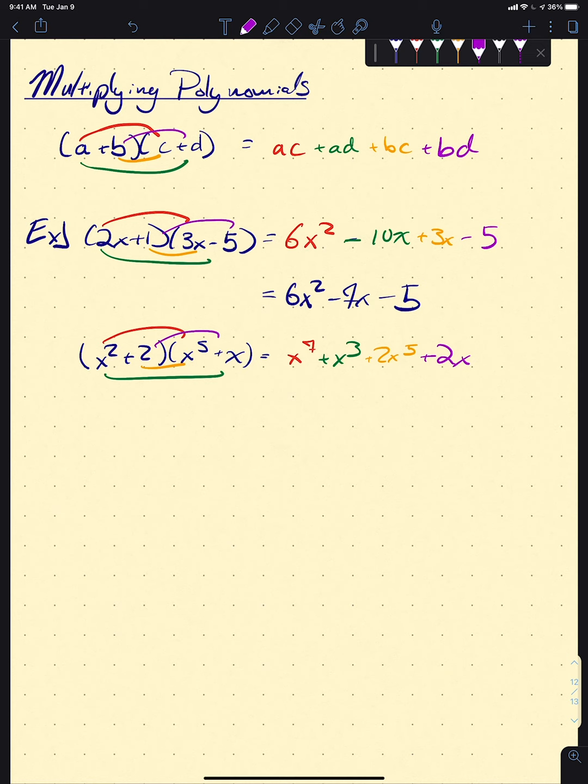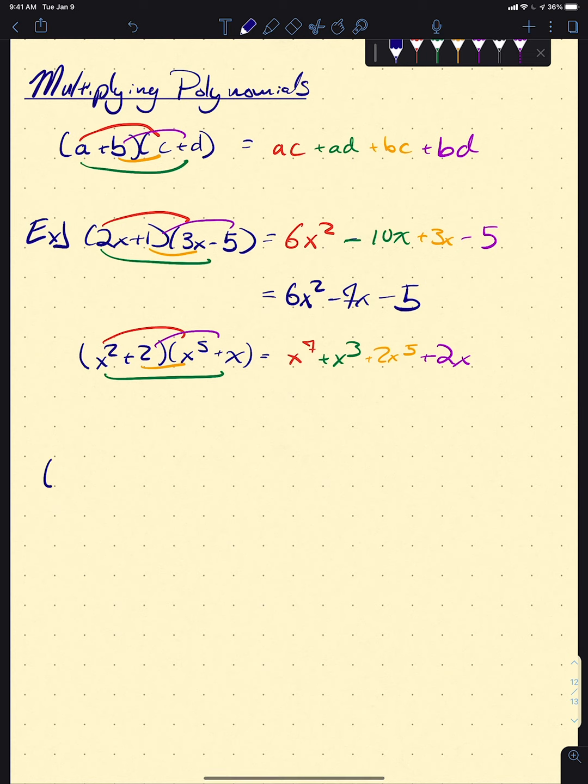But what happens when you're given more complicated situations, right? What happens when you want to multiply, say, a binomial times a trinomial? And the way to do that is we actually want to look a little bit more into how we get this, right? Why does FOIL work? And let me show you, right?